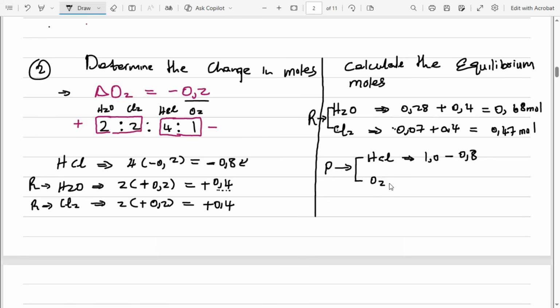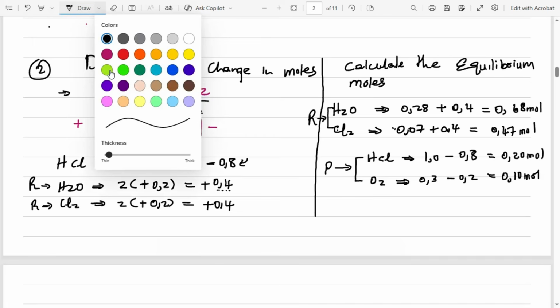Then for the O2, we initially started with 0.3, then we minus that 0.2. The answer for this one is 0.20 mole, and for this one we get 0.10 mole.